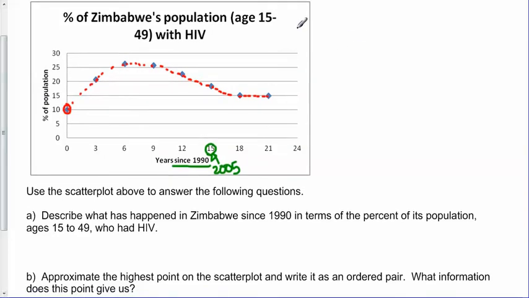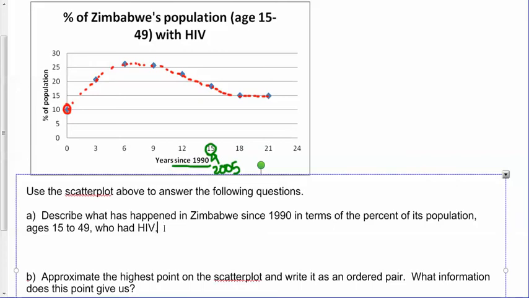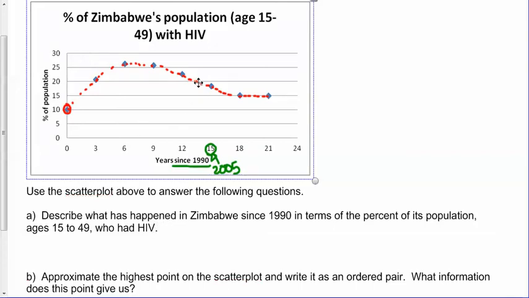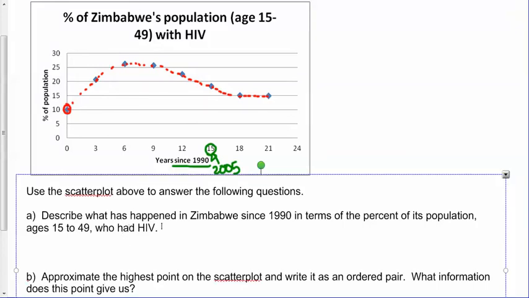And let me just actually type some of that in just to give you a sense of what that can look like. I know it's one thing to talk about it, but another thing to kind of write it. So let's do that. I'll go ahead and put that in italics so we can see how that works. So, describe what's happened.